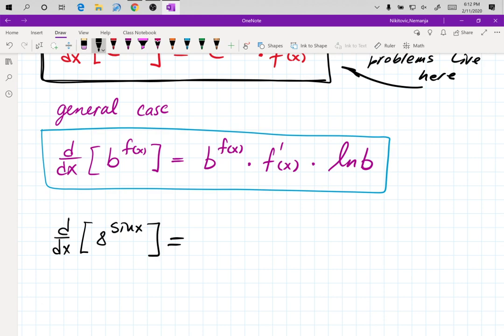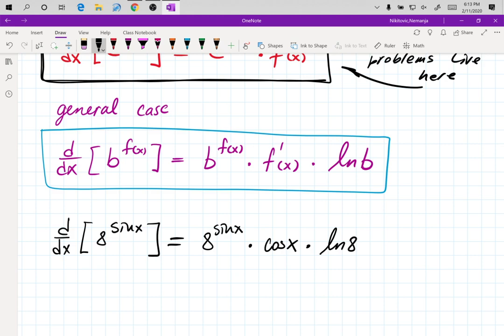So what do I do? Control C, Control V. So 8 to the sine x times the derivative of the exponent, sine x, is cosine x, times ln 8. And just walk away. That's it. That's all you need to do.